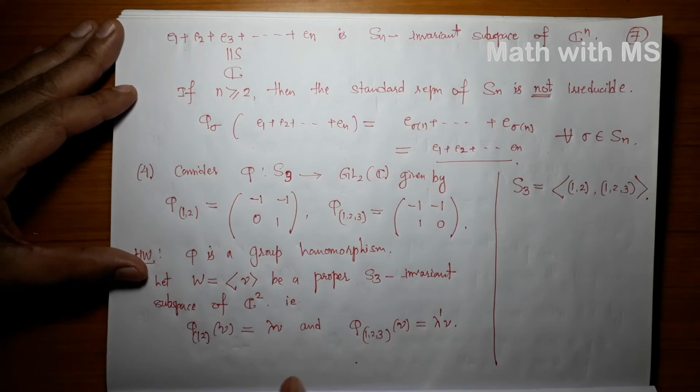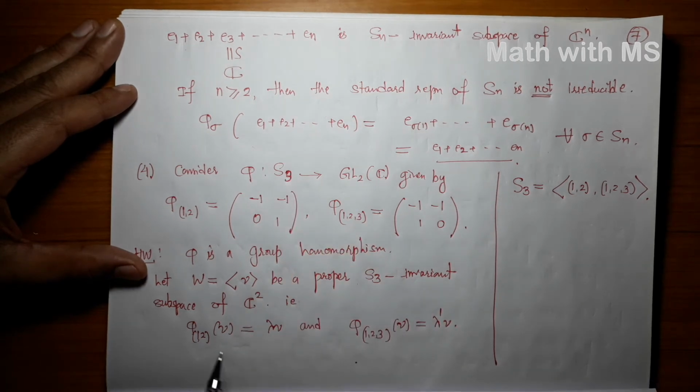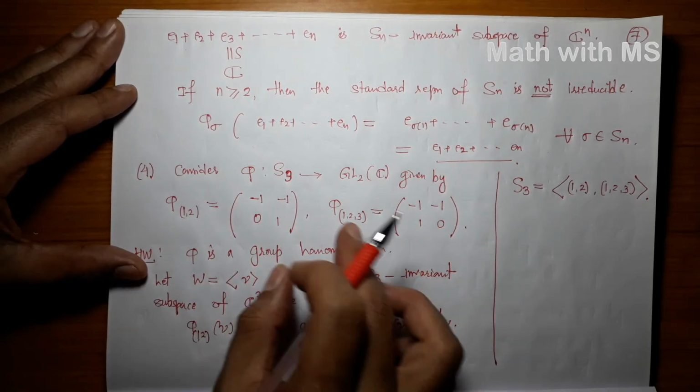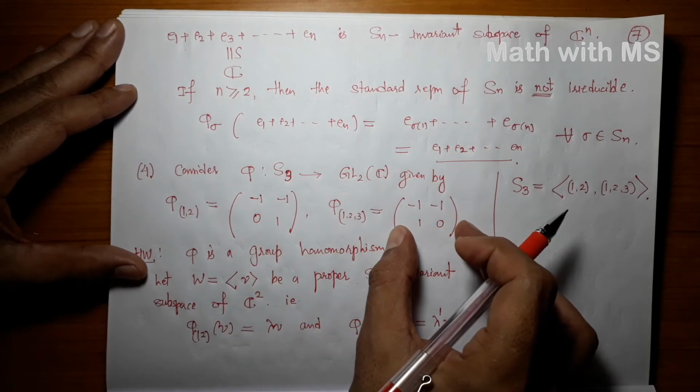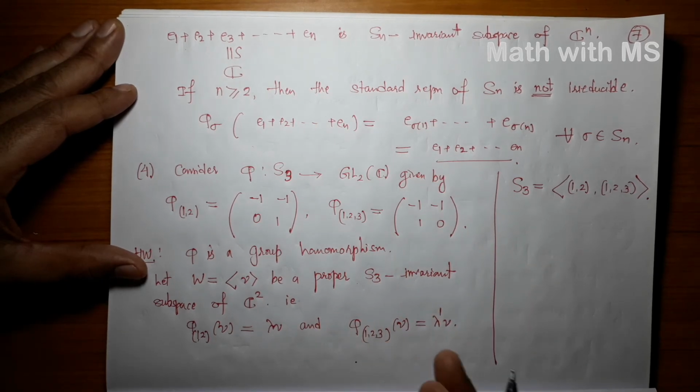It's an invariant subspace. So what does it really imply here? See that phi (1 2) is a matrix, right? So I am saying that this non-zero vector is an eigenvector for (1 2) and (1 2 3). In fact it's an eigenvector for all the elements of the group S3, right? But now phi (1 2) is just a 2 by 2 matrix and (1 2 3) is also a 2 by 2 matrix. We find their eigenvalues and check that they cannot have a common eigenvector, and therefore we will get a contradiction, right? So let's check it.